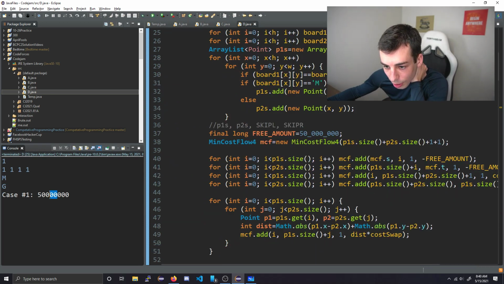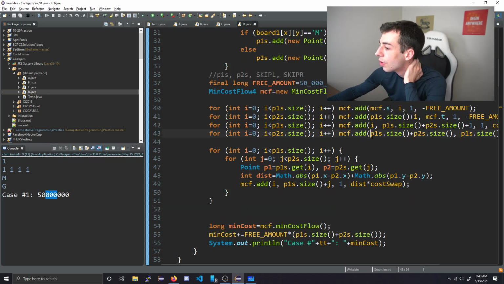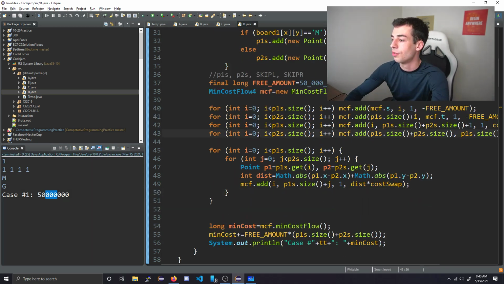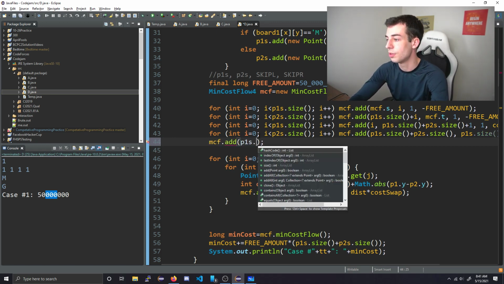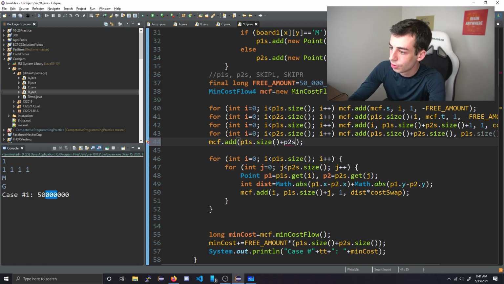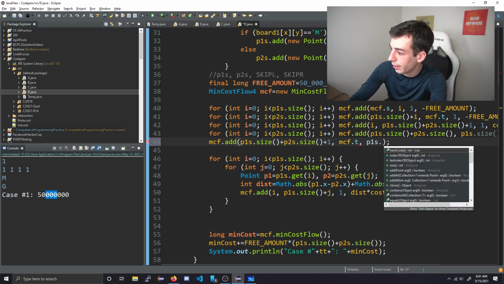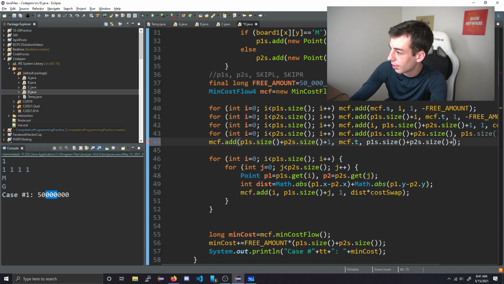Is this equal to free amount by chance? I think it is. Oh yeah, we need the edges from these free things. So mcf.add p1's dot size plus p2's dot size plus 1 to mcf dot sink, capacity p1's dot size plus p2's dot size plus 1.